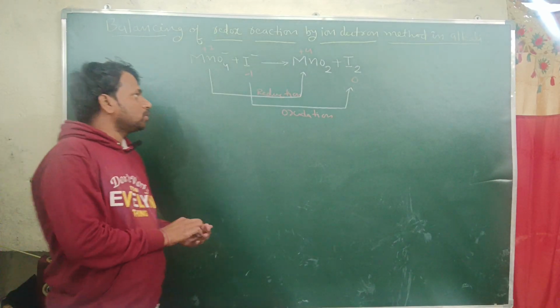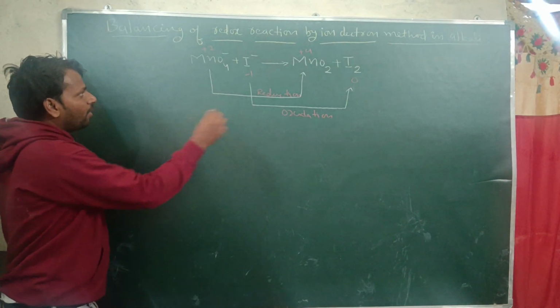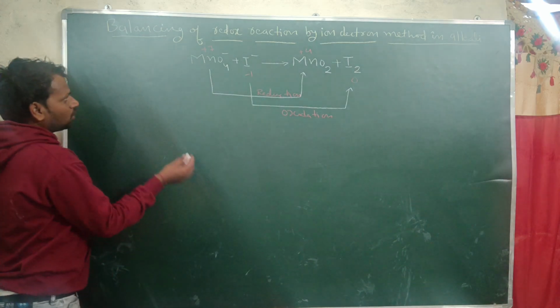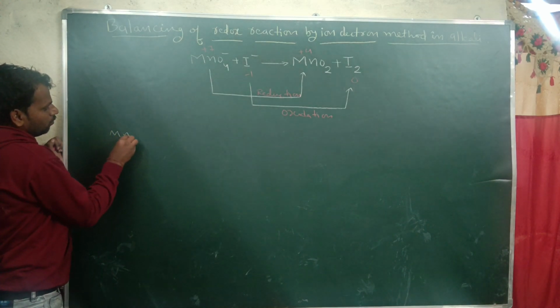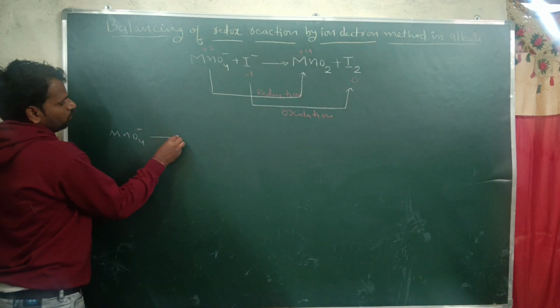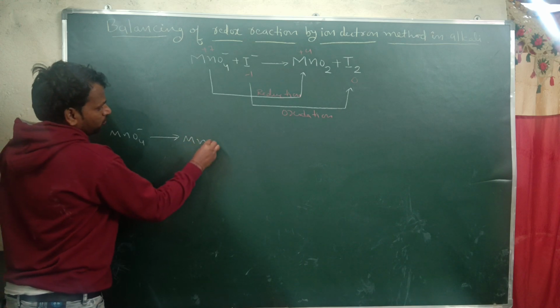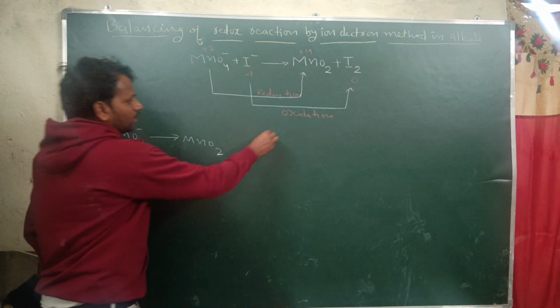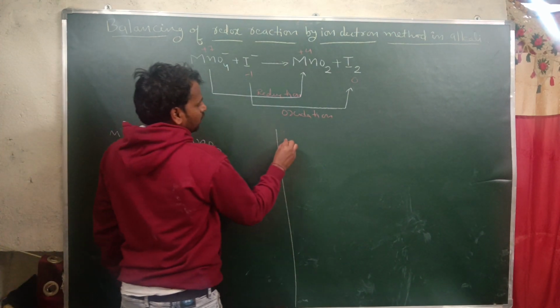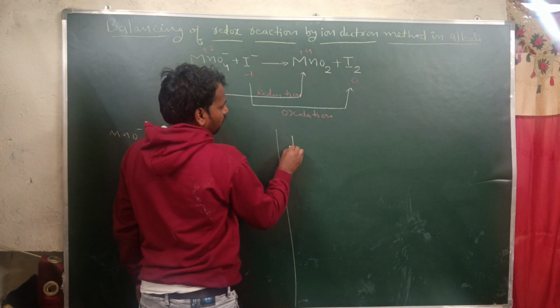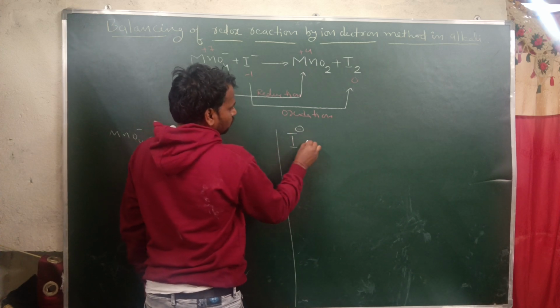Next, let me divide into the reduction half-cell and the oxidation half-cell. Here MnO4 minus gives rise to MnO2. On the other side, I minus gives rise to I2.